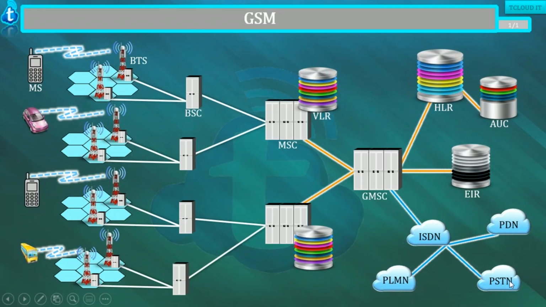Calls can be incoming. A landline guy can make a call, it comes to ISDN. ISDN sends it to GMSC. GMSC questions HLR. When HLR tells him where the user is, then GMSC starts forwarding the call to the corresponding MSC, and from there the calls will be routed to the individual users.